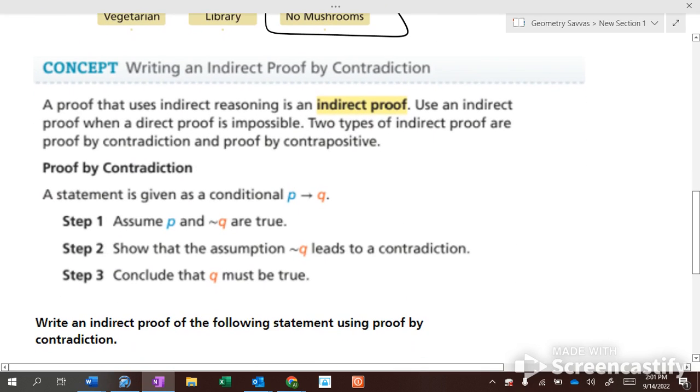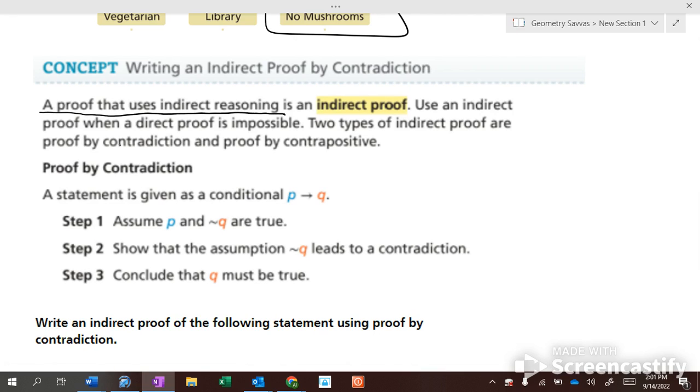Now, indirect proof. A proof that uses indirect reasoning is an indirect proof. Okay? And I think that's all that you'll need to write down for that. We use indirect proof when a direct proof isn't possible. There are 2 types of indirect proof, one by contradiction and one by contrapositive.